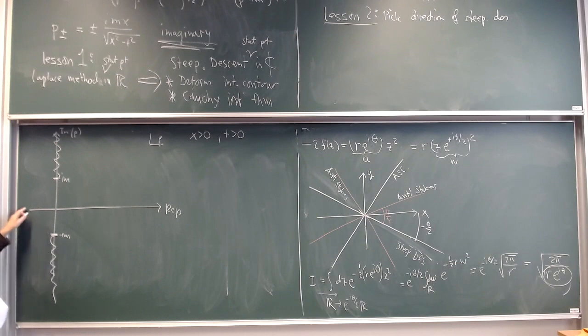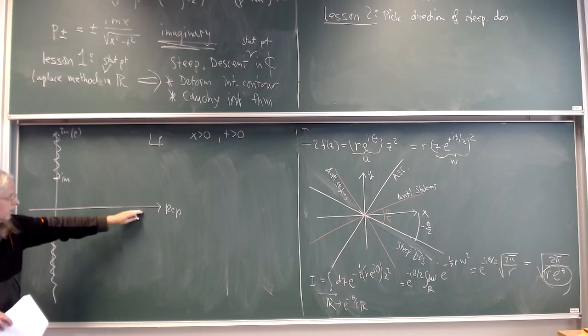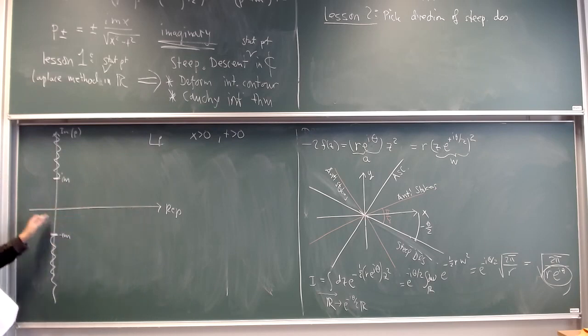Our integration is along the real axis, so we prefer the branch cuts to be far away from the real axis. We pick this. Does that make sense? That's the branch cut of our square root.